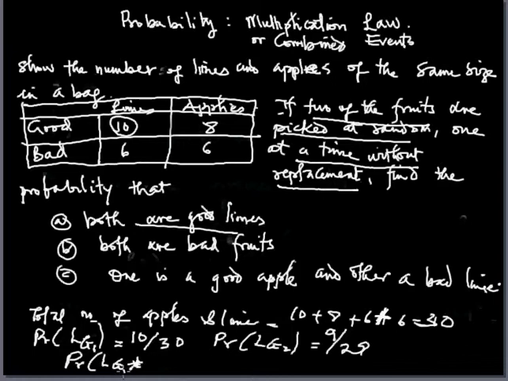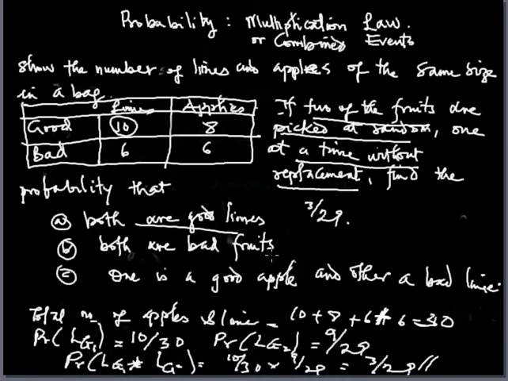Then P(LG1 and LG2) is going to be 10 over 30 times 9 over 29. This is going to give you 3 over 29. The first one is going to be 3 over 29.